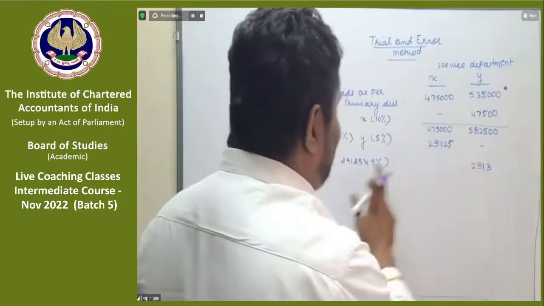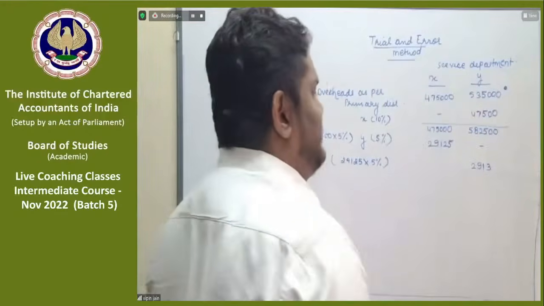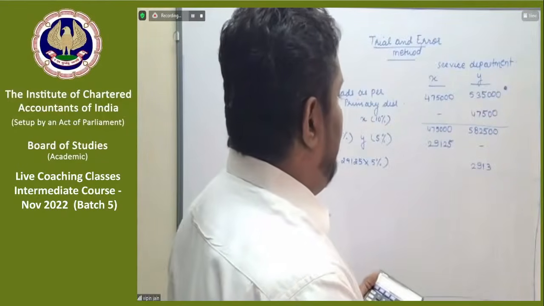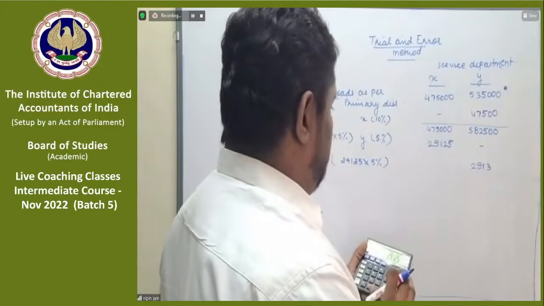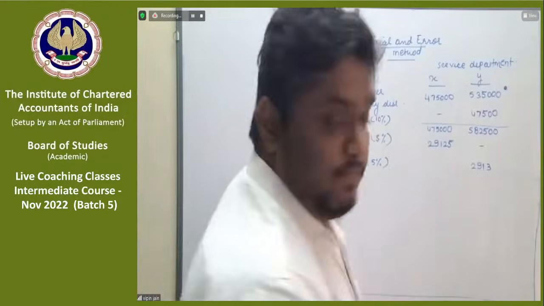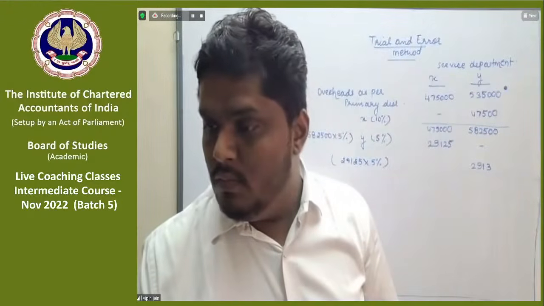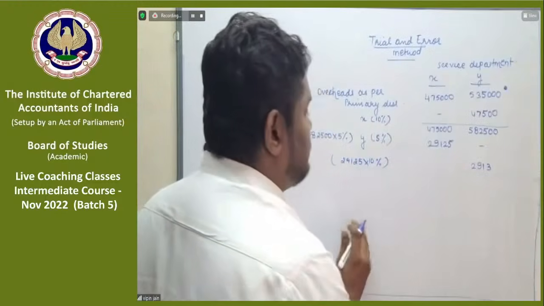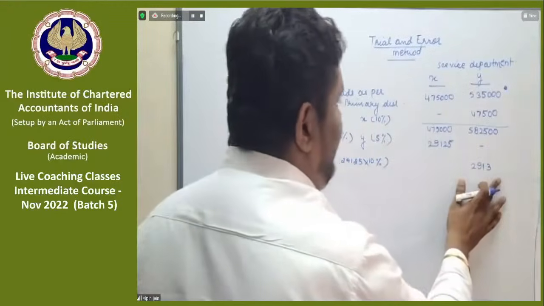Now out of this 29,125, 10% belongs to Y. So this will be 2,913.